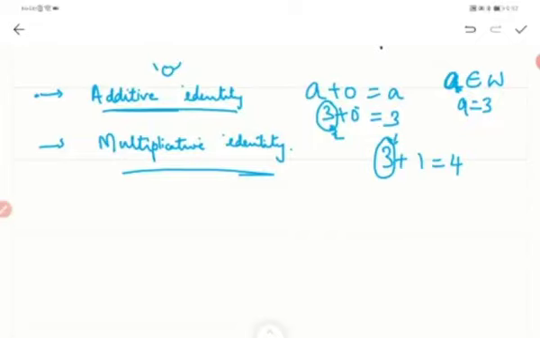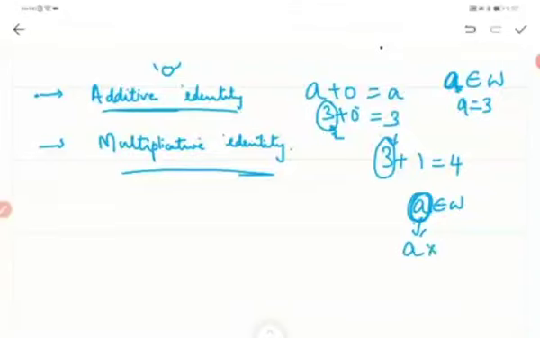Now what about multiplication? Now tell me students, I'm taking a number a which belongs to W, and this number doesn't want to lose its identity when you multiply with any other whole number. So what can it be? Can it be 0?